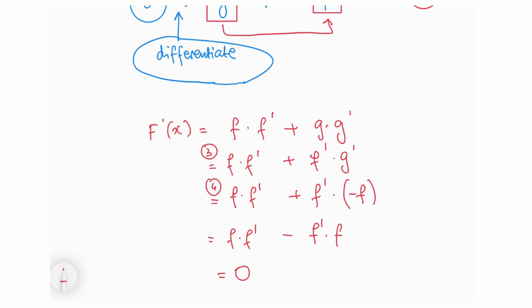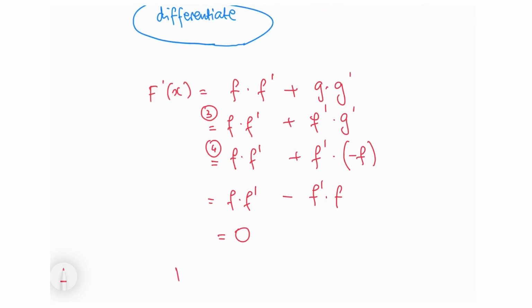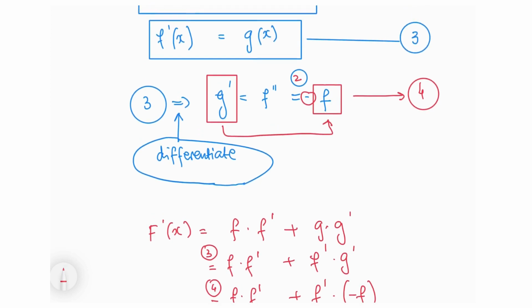So we have shown that F prime of x is 0, therefore F is constant. And that is what we were supposed to do.